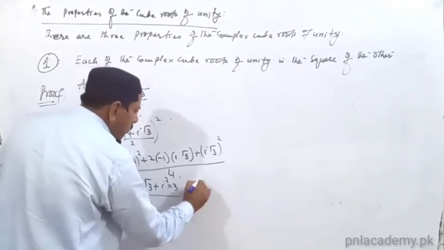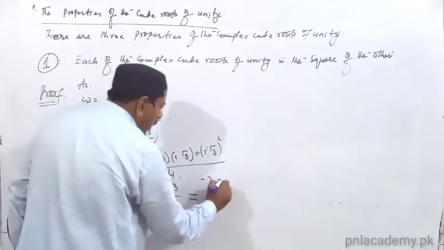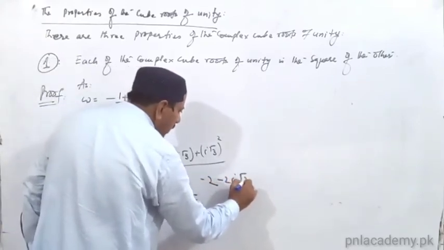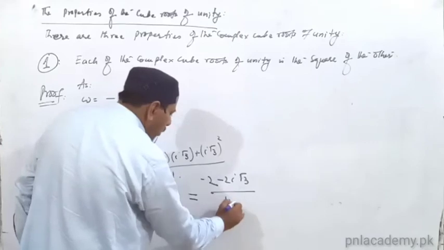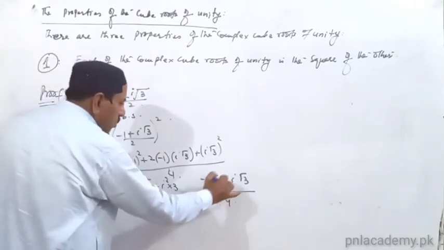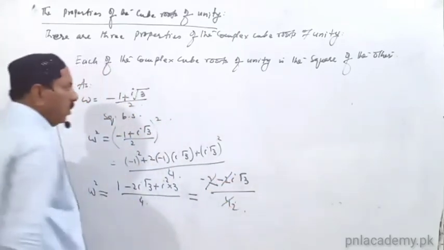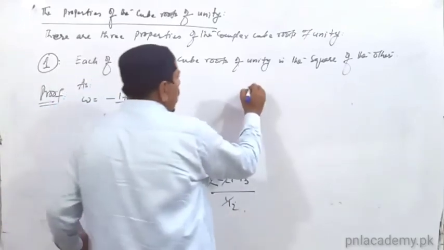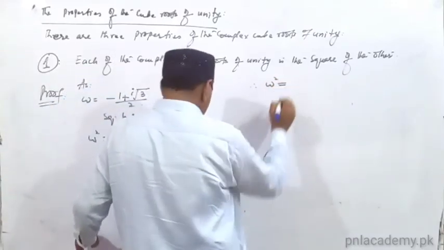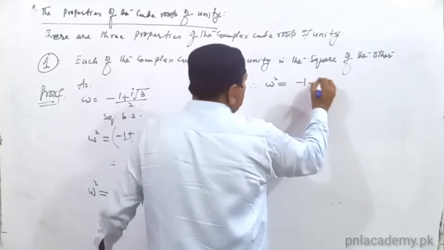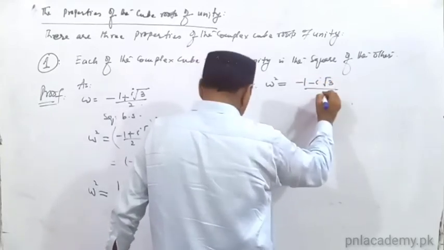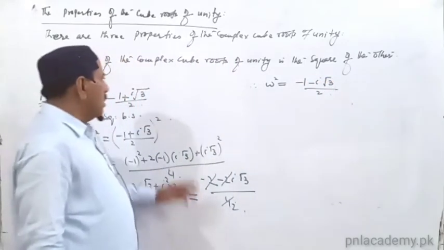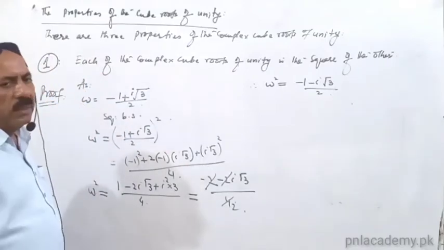Minus 2 iota radical 3 upon 4. 2 is common, 2 to the 4. Therefore, omega square is equal to minus 1 minus iota radical 3 upon 2, which is the square of omega.